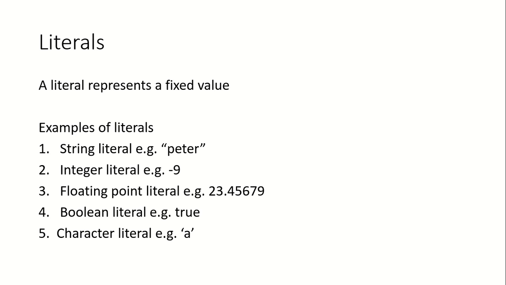For example, in this example, we have the floating point literal 23.45679. Boolean literals have two possible values, either true or false. And in the example, we've given true as an example. Now, character literals are made up of just one single character. For example, we have lowercase letter a in our example.